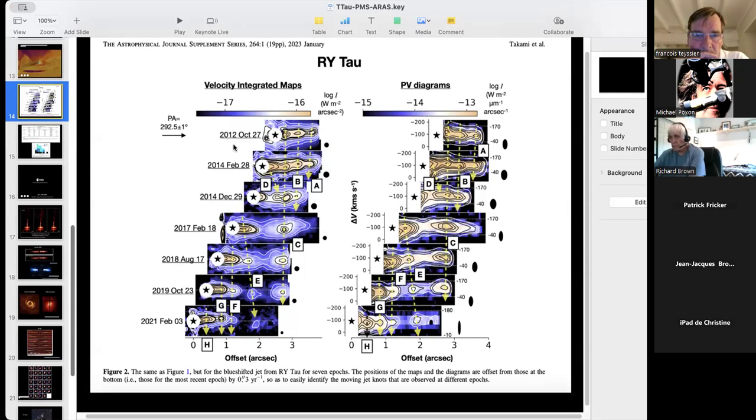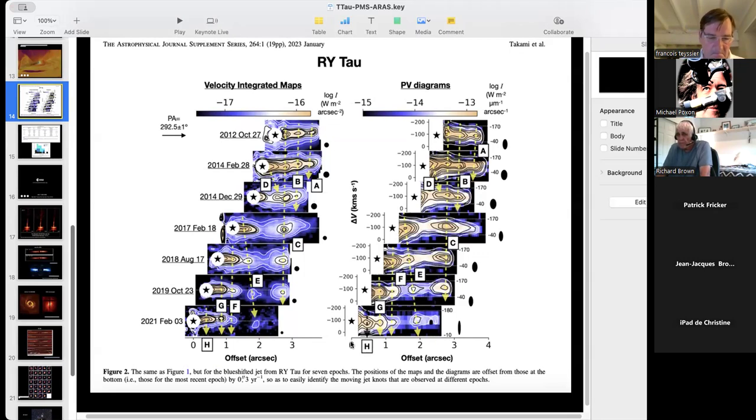These are 7 epoch observations done at high resolution, where this is an offset of a few arc seconds. So you're not going to see this, right? But these are blobs that spectroscopically, because this is done as a data cube, are moving at like 200 kilometers per second.